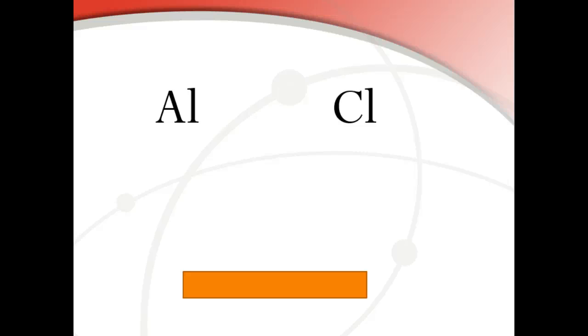Now, let's take a look at making a compound between two elements. If we go back and look at the periodic table that we just wrote on, aluminum has a 3 plus charge, and chloride has a 1 minus charge. What we want to do is form a compound that's neutral.